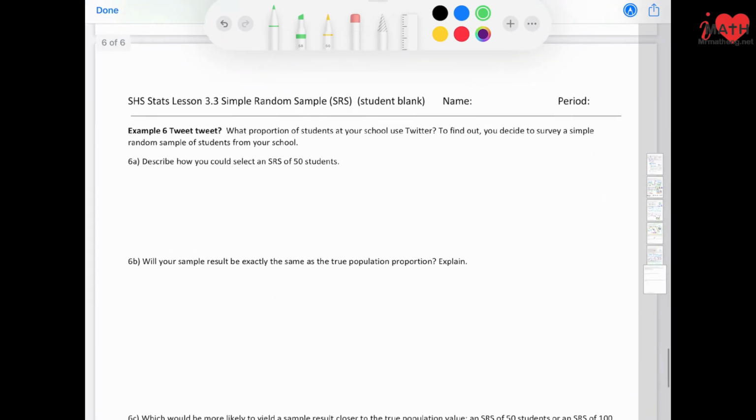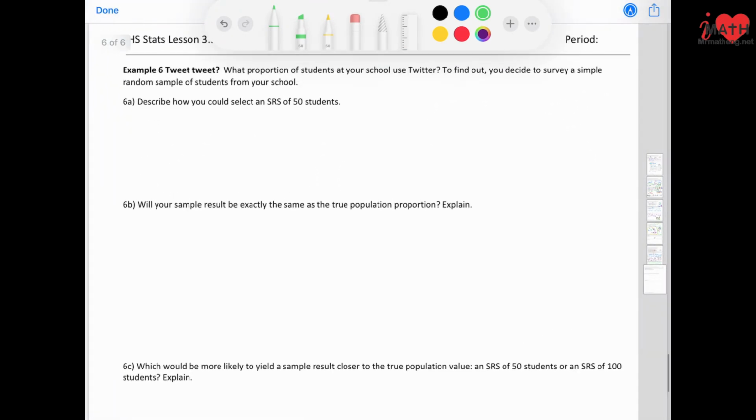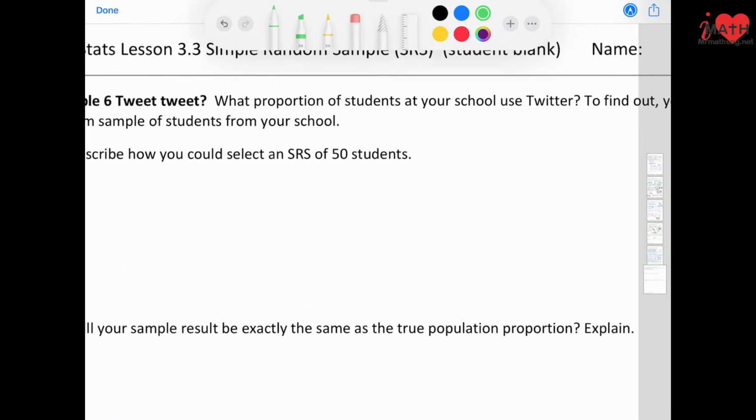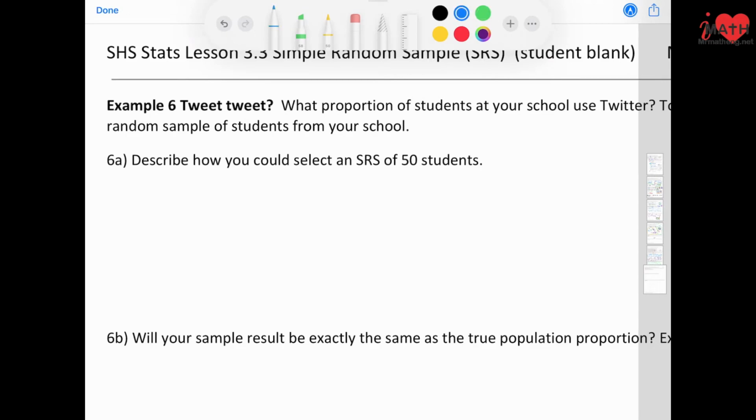All right, go ahead and try example number 6. This encompasses everything you've been learning, and then press play when you are ready to go over it. All right, example number 6. Tweet. What proportion? If you look back at our notation above, proportion starts with a P, which is a statistic taken from the population.